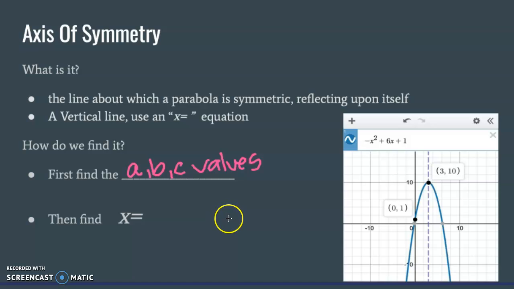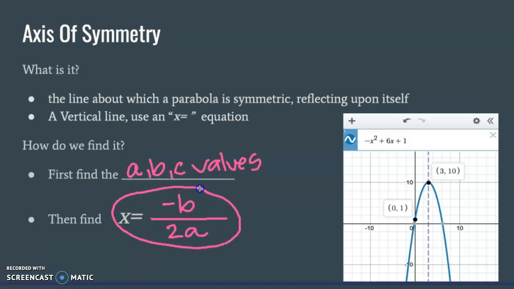We practiced that earlier. Now, for axis of symmetry, you don't really need the c, but we know it's there anyway. For the equation for axis of symmetry, you are going to take negative b, or the opposite of b, over 2 times a. And that is going to give you the x-coordinate of your axis of symmetry.